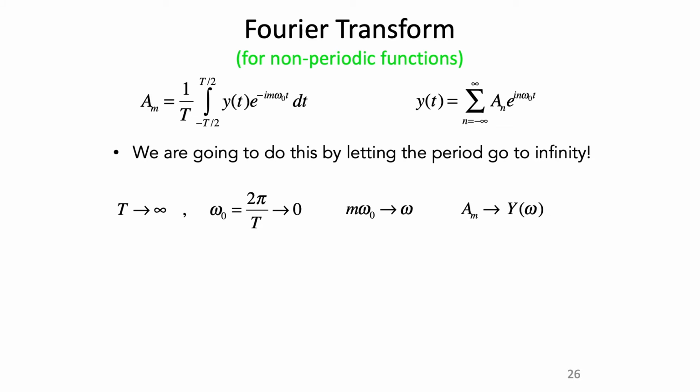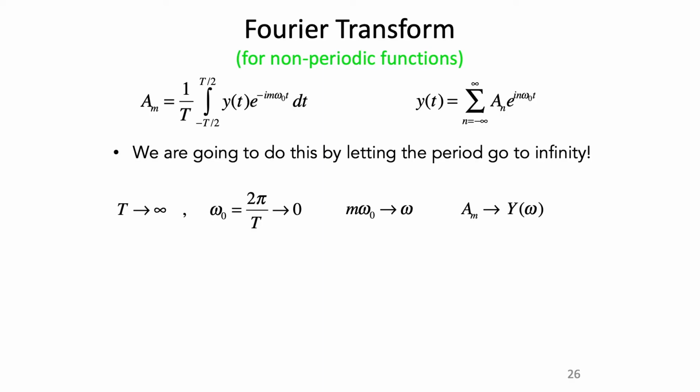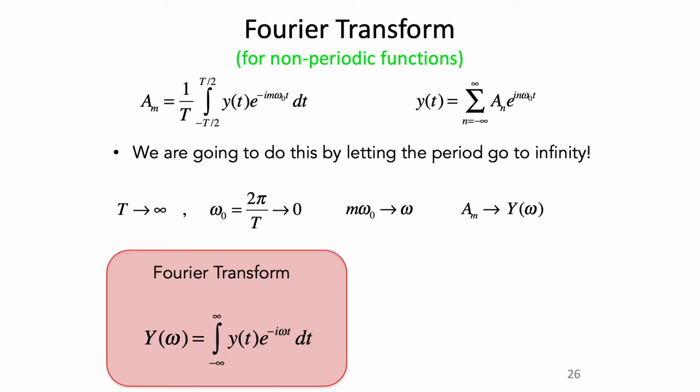We used to label our Fourier coefficients with m. We can't use m anymore because m is getting infinitely big. So we use this new label omega. So a sub m becomes a new variable, our Fourier transform, labeled by the frequency omega. And we're just going to make those replacements in here.